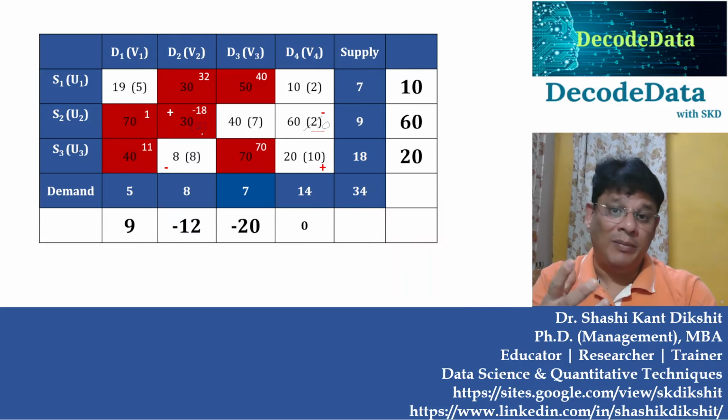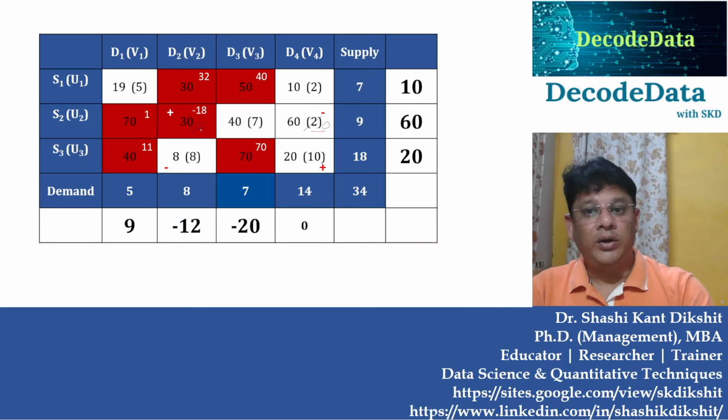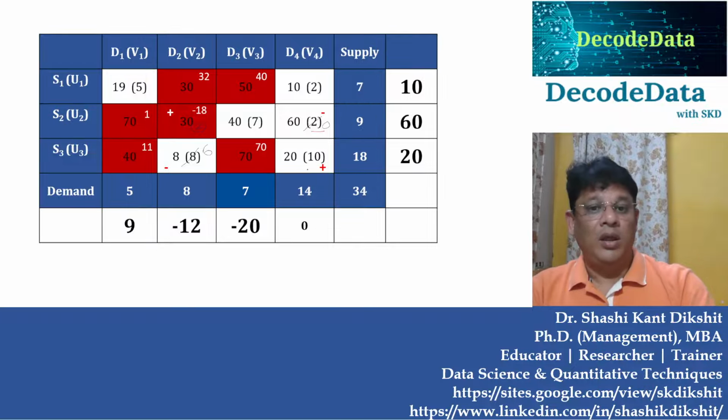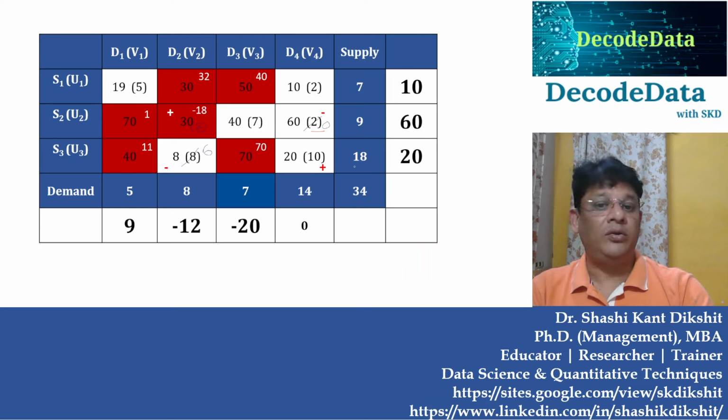The matrix will be unbalanced. 2 and 8 will be 10, whereas you have the demand of only 8. So here we have demand of 2 extra, so we will reduce that extra from here, marked as 6. Now, in this case, this is 6 and this is 10, 16, where the supply is 18. So I'll add 2 here.